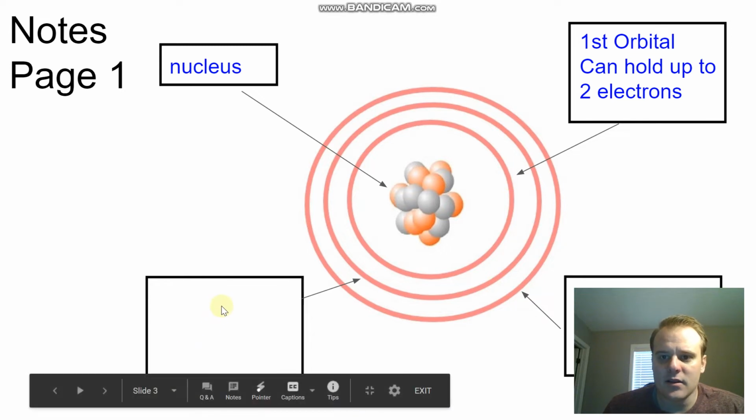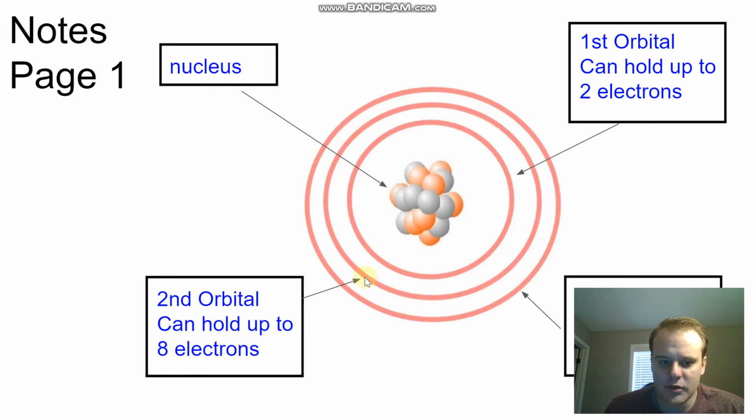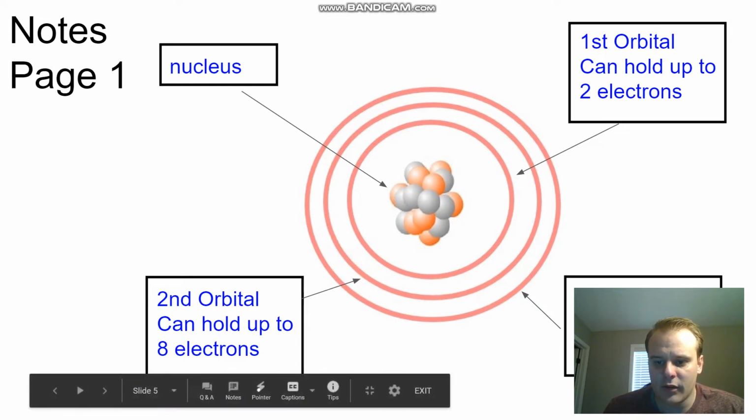And then this second orbital, this second ring right here, can hold up to 8 electrons. It's the same thing with the third orbital. That one can hold up to 8 electrons. Okay, so go ahead and write those notes down on your sheet, and then we'll move on to page 2.